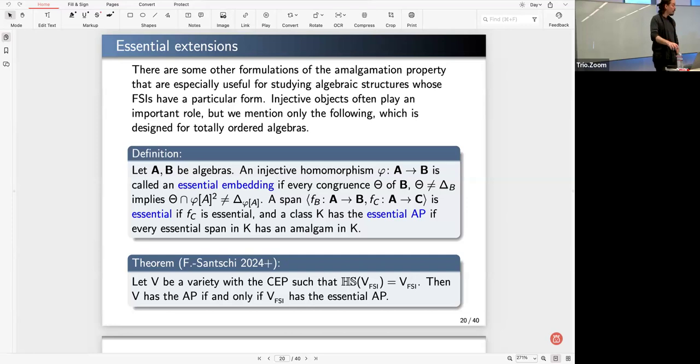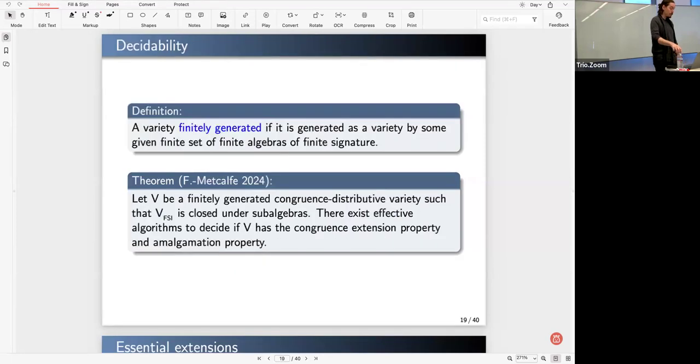Sorry, go back to the algorithm. The algorithm returns yes or no. It will return yes or no. And the algorithm actually first tests whether the variety has the congruence extension property. You can just do it on the finitely subdirectly irreducibles.